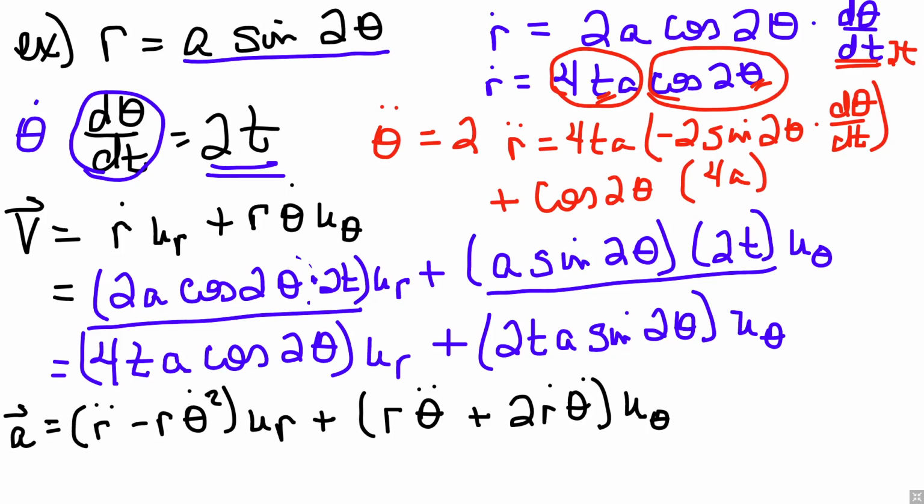Now what I'm going to do is fill into the formula. For r double dot, keep in mind, in place of d theta dt, we're going to put 2t. So I'm going to have 2t times negative 2 times 4ta, which is going to give me what?